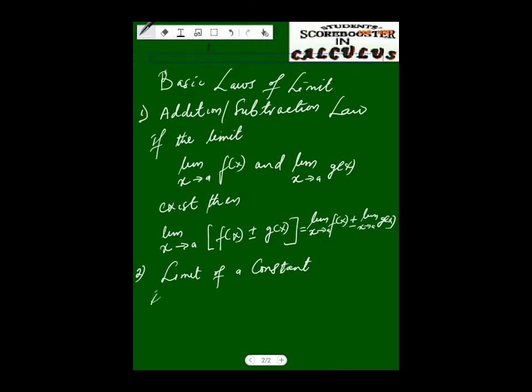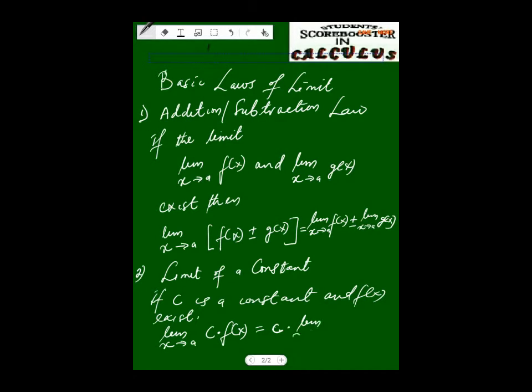In this case, we say if c is a constant and there is a function f of x which exists, then the limit as x tends to a of this constant multiplied by f of x is the same as bringing out the constant and finding the limit.